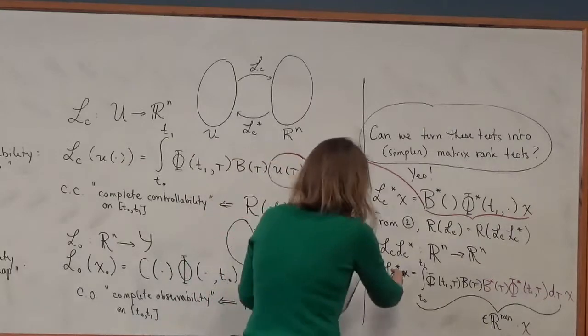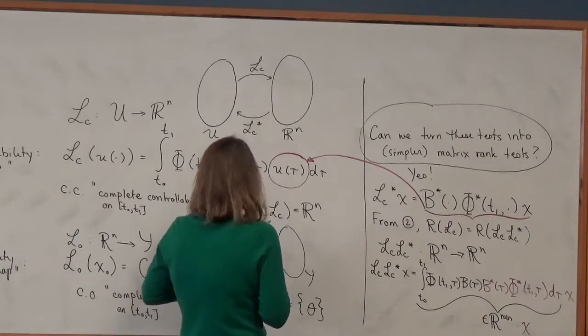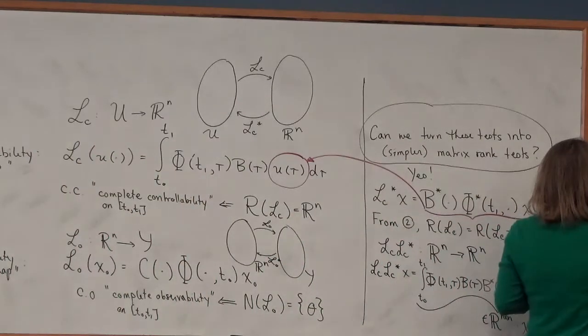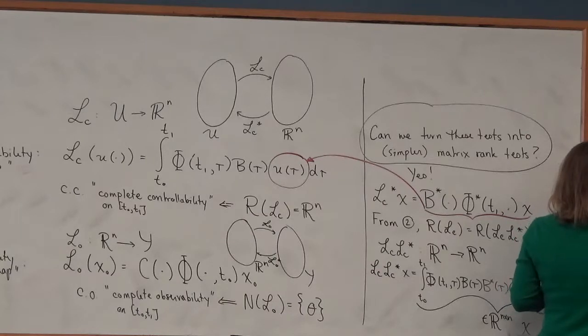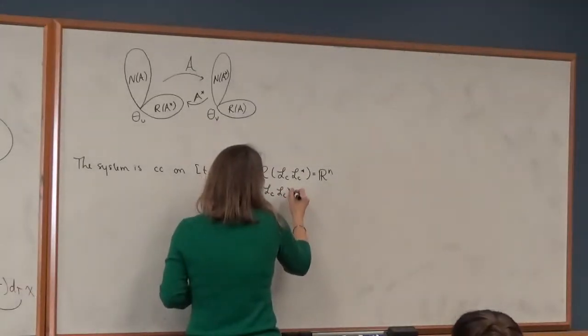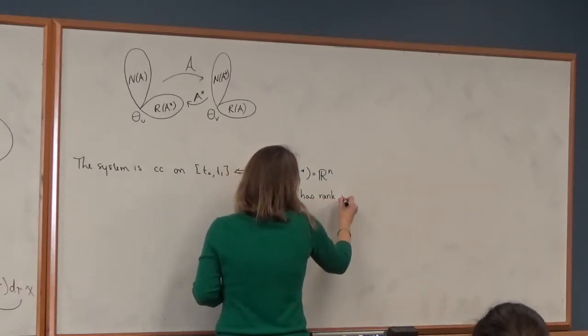And so now what we're doing is we're going one step further, and we're saying that the system is completely controllable on this interval t0 to t1 if the range of this map, LC star, is equal to Rn, which is the same as saying that LC star has rank n, because it's an n-by-n matrix.